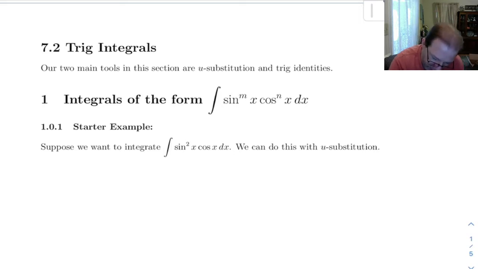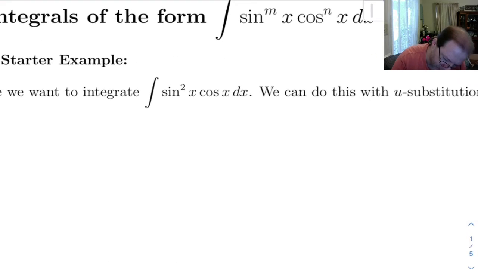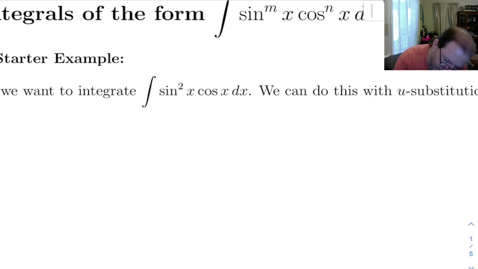And before I do any strategies or anything, let's just look at a starter example. So suppose we want to integrate this thing. We could do this with u substitution. The idea here is we're going to take this cosine x dx and use that as our du.